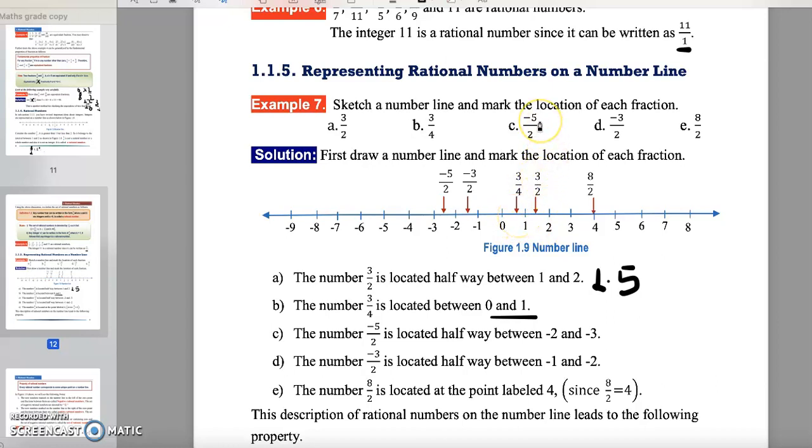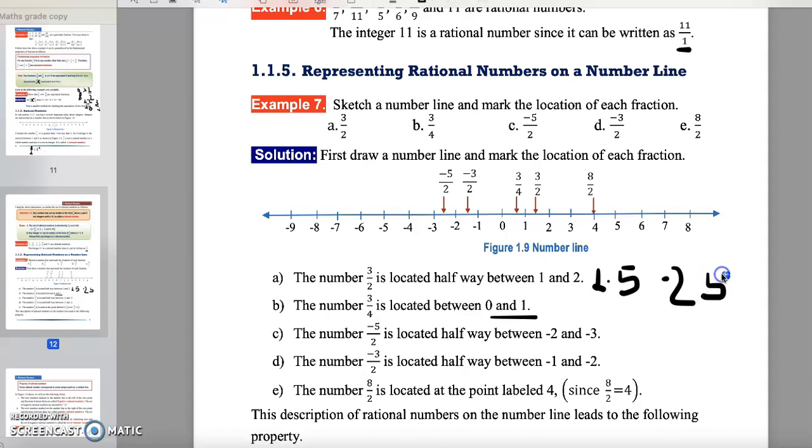So in the case of negative numbers, negative 5/2 is negative 2.5. And I think by now you already know where it should be placed.